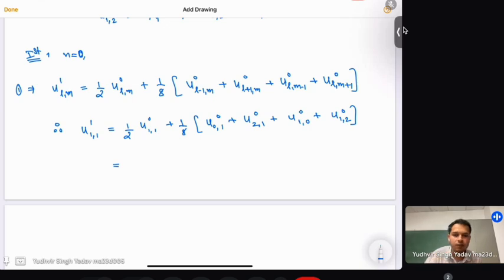So we will just place the values of the terms that we already know from the initial and boundary conditions.